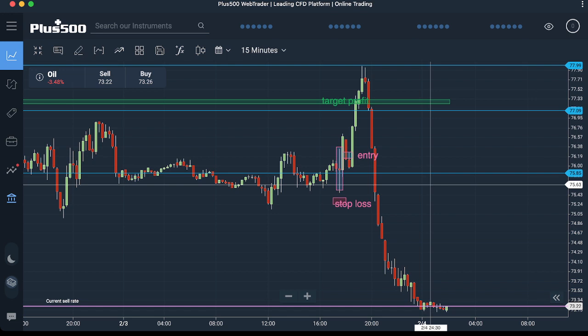So you will risk less, but there is a higher chance for your stop loss to be hit, and you will get a big reward out of this small risk.